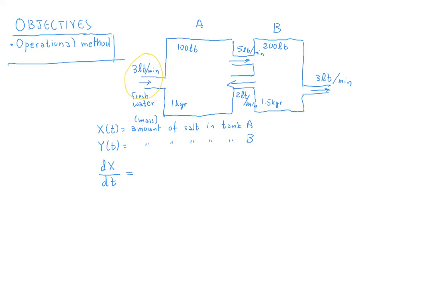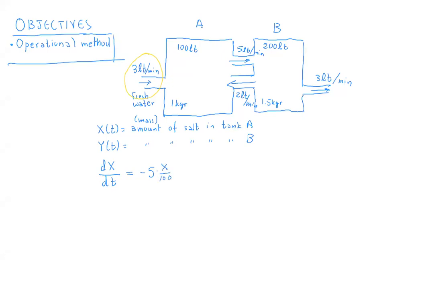So it's going to be a minus 5 liters per minute times the concentration of salt in tank A. And what is the concentration of salt in tank A? X over 100, right? X over 100.